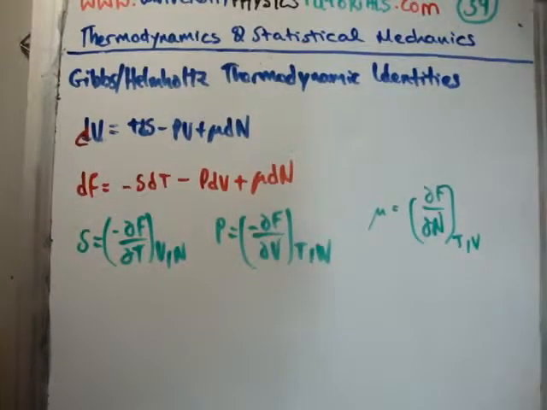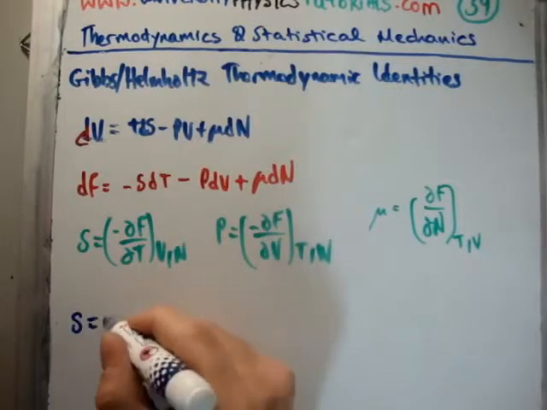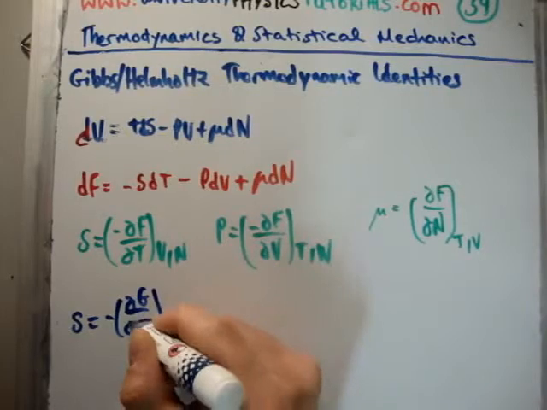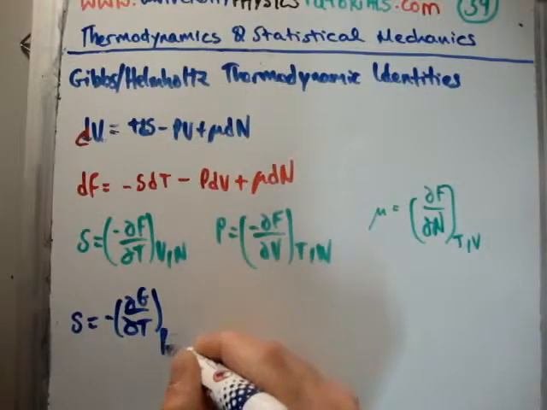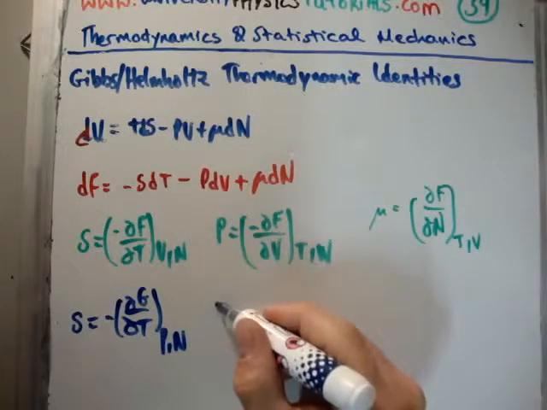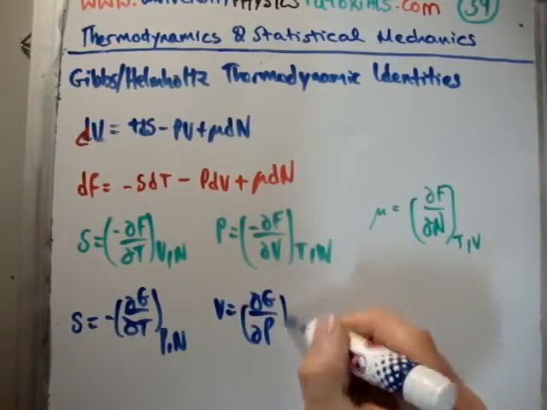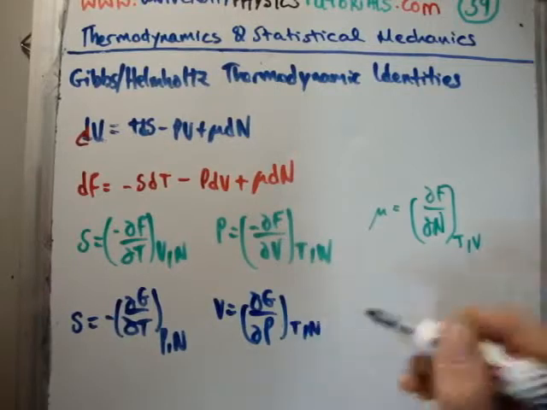Similarly, you can do the same thing with your Gibbs free energy, and we get the following relationships: S is equal to minus del G del T, holding the pressure and number of particles fixed. The volume is equal to del G del P, holding the temperature and number of particles fixed.